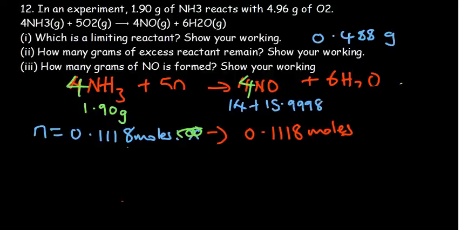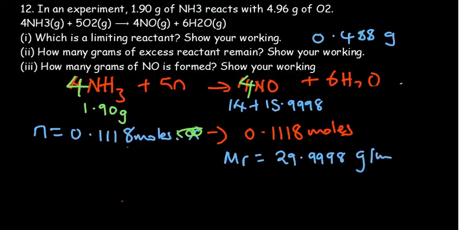So if we add the two, 14 plus 15.9998, that is our molar mass, 29.9998 grams per mole.